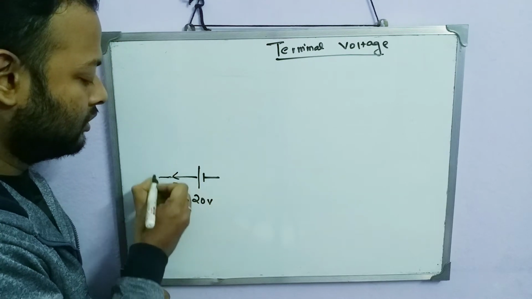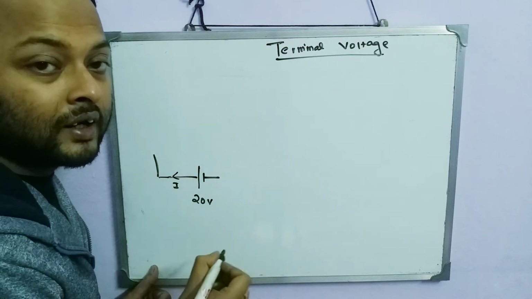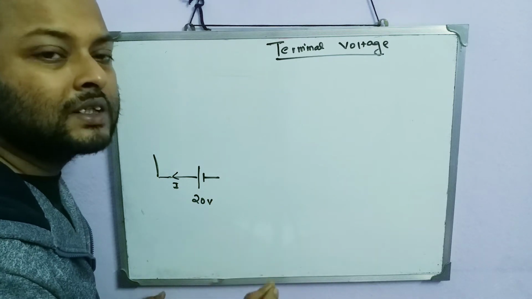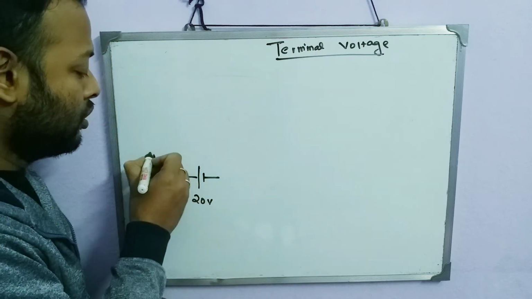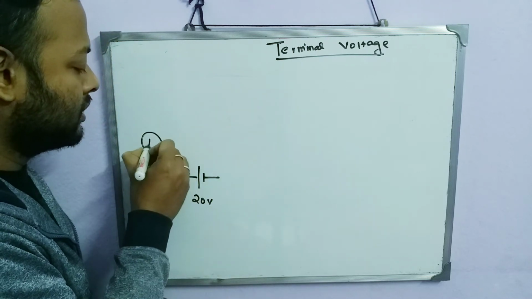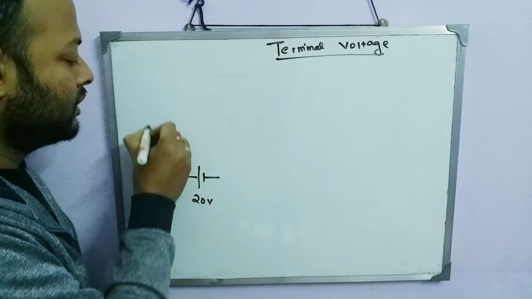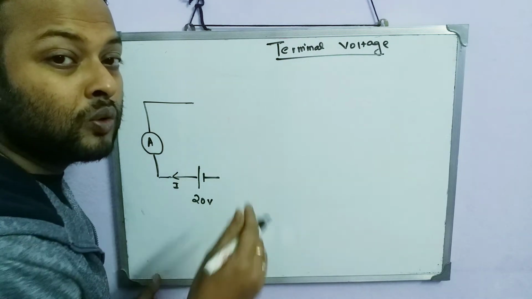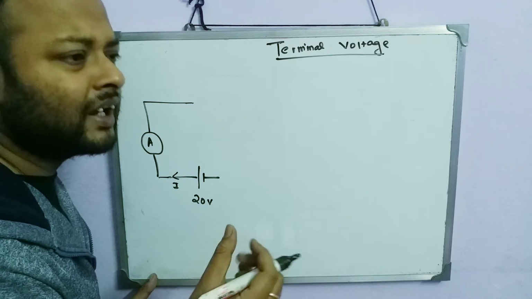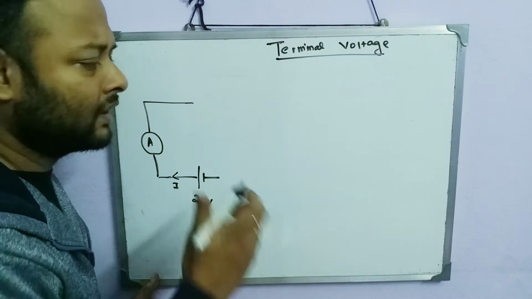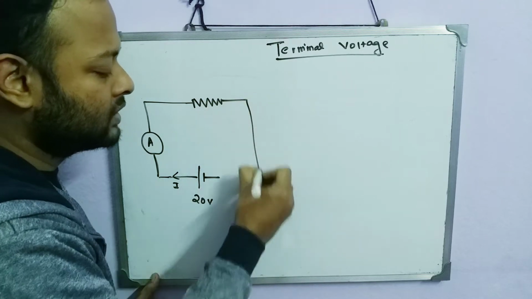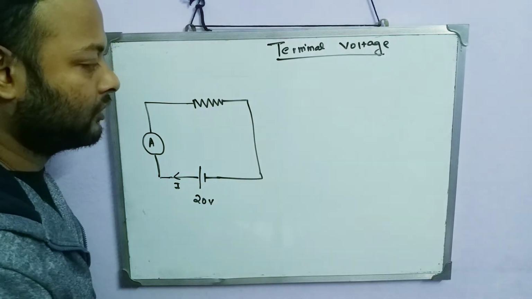To measure the current, I have an ammeter. I think you know what an ammeter is. An ammeter is a device to measure current. Through the ammeter the current is passing, and then it passes through a resistance, like a fan or bulb. You can say this is a resistor, and through the resistor it comes to the negative terminal.